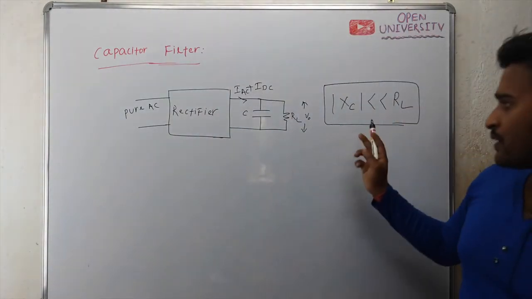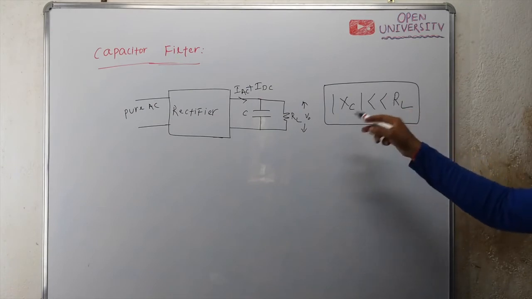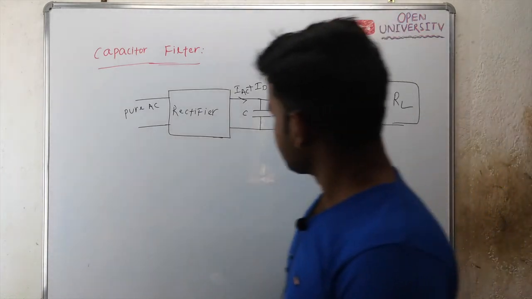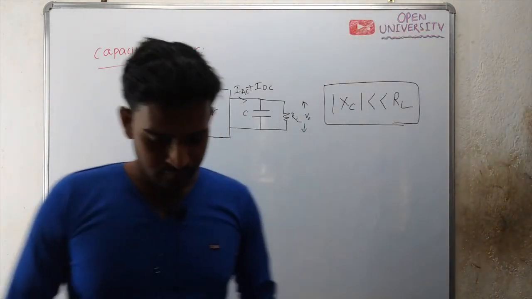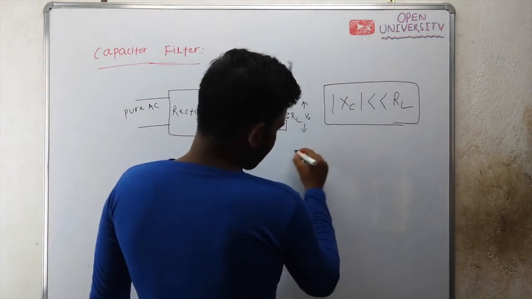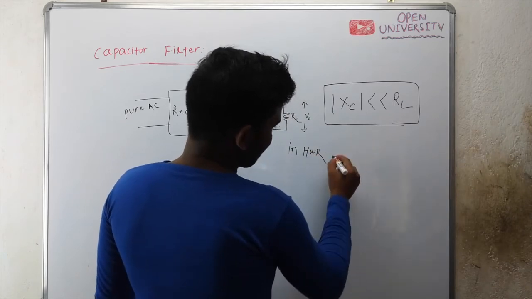What was the condition for inductor filter? XL has to be much greater than RL. Now in capacitor filter, XC has to be much smaller than RL at ripple frequency. In case of a half wave rectifier, what is the ripple frequency? Omega naught.